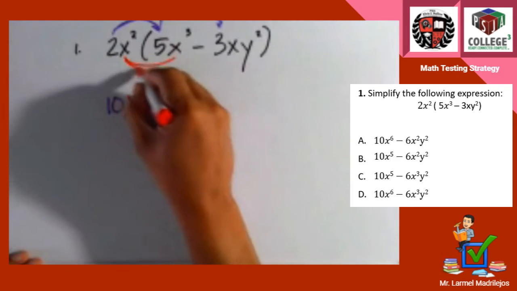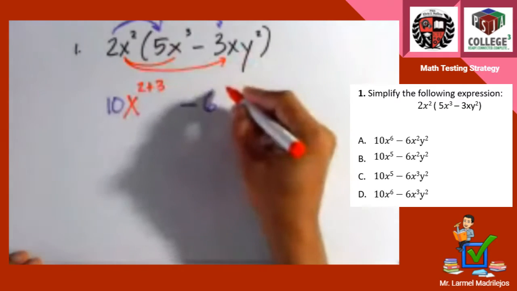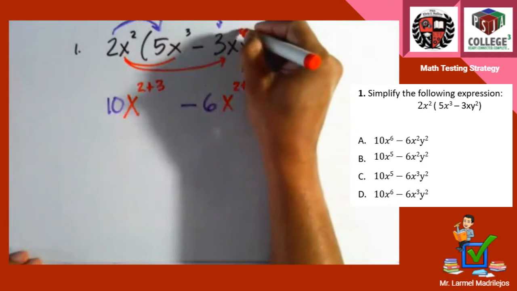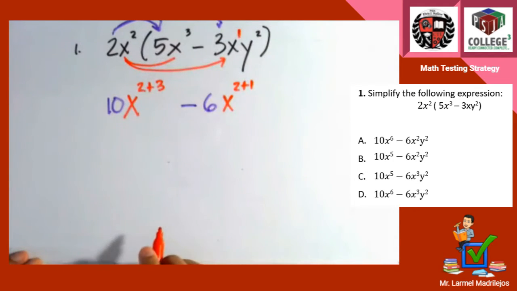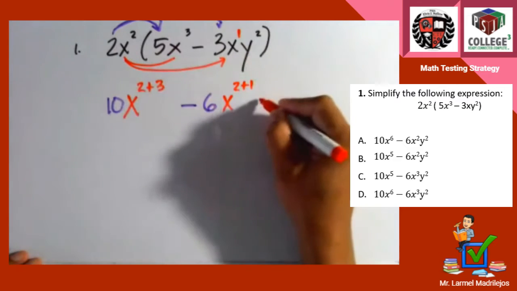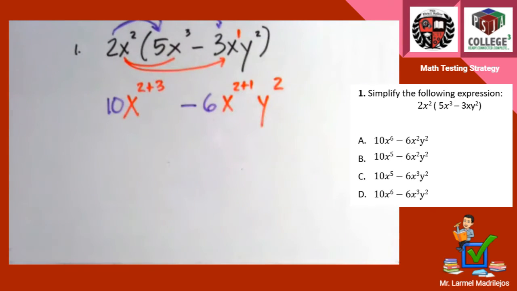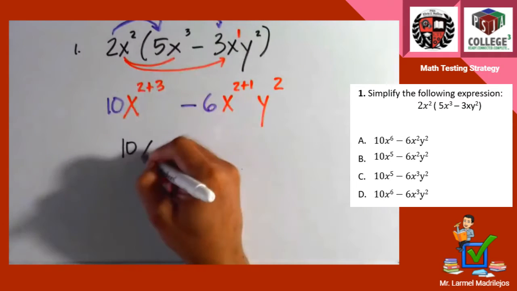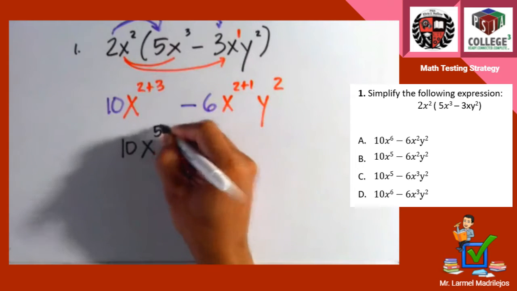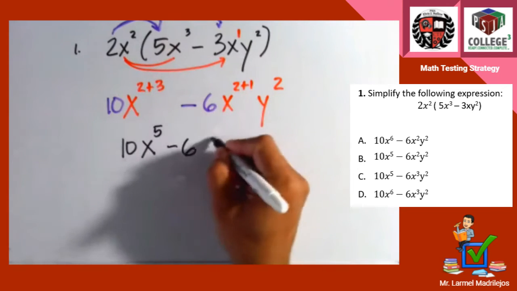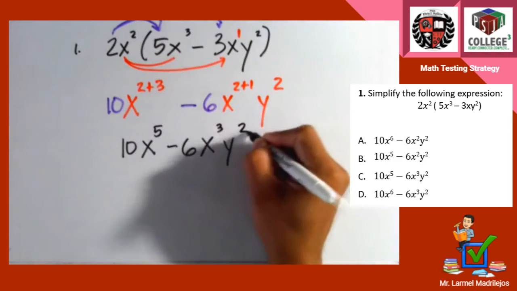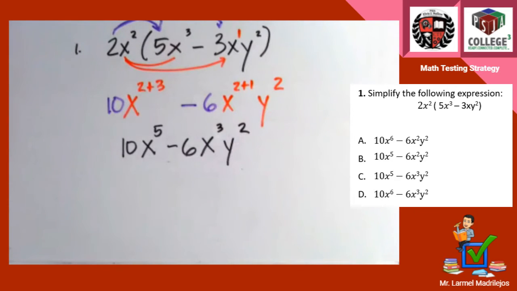Next, x squared times x, so 2 plus 1, because this exponent here is 1. And then I don't see any y, so I'm just going to write y squared. Okay, so my final answer here is going to be 10 x to the 2 plus 3, which is 5, minus 6 x to the 2 plus 1, which is 3, y squared. So my answer is letter C.